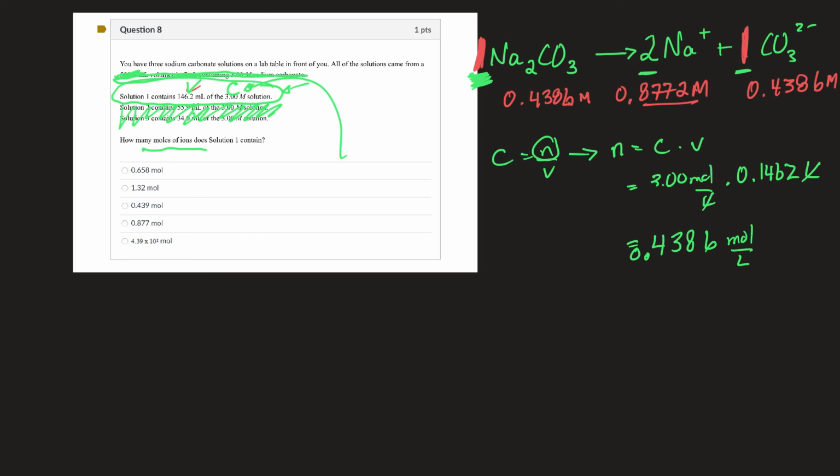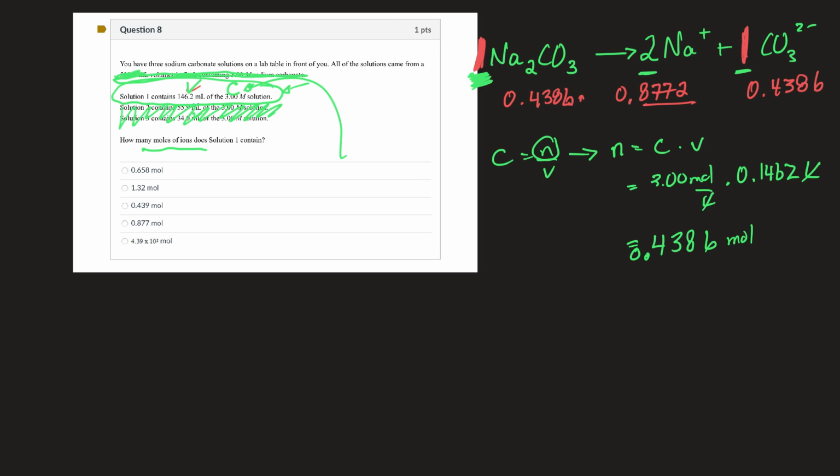But the question says how many moles of ions does solution 1 contain? Oh, let me see here. I made a mistake with this. This isn't a concentration, nor would any of these be concentration. Sorry.